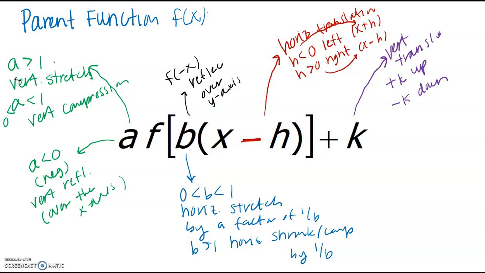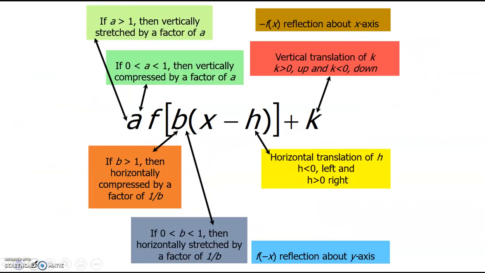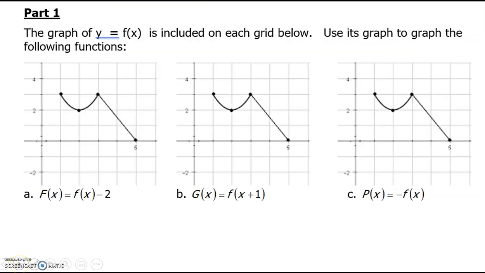Feel free to pause this if you want to copy those down, but I also have a much cleaner version on this side. Again, feel free to pause and copy down what you need. And so let's go ahead and look at some examples. So this handout is on the next page, but you're welcome just to kind of draw it out yourself. And what we're going to do is talk about, this is some generic function.